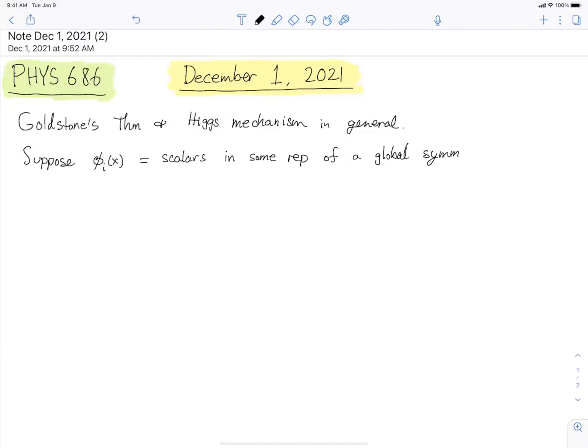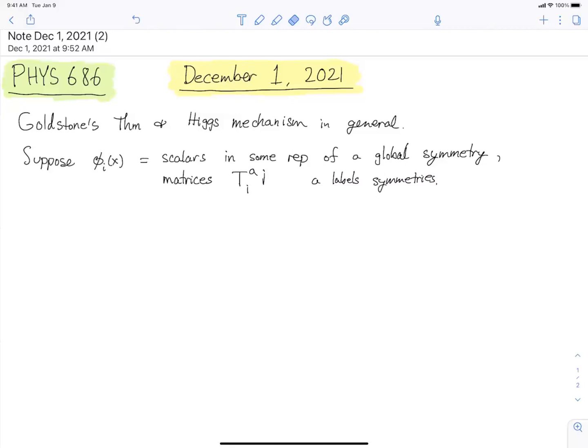The global symmetry we can promote later to a local symmetry, but for now it's global, and it has matrices T^a_{ij}. So a labels the different symmetries, and the indices i and j are running over the scalars that are transforming under the symmetry.